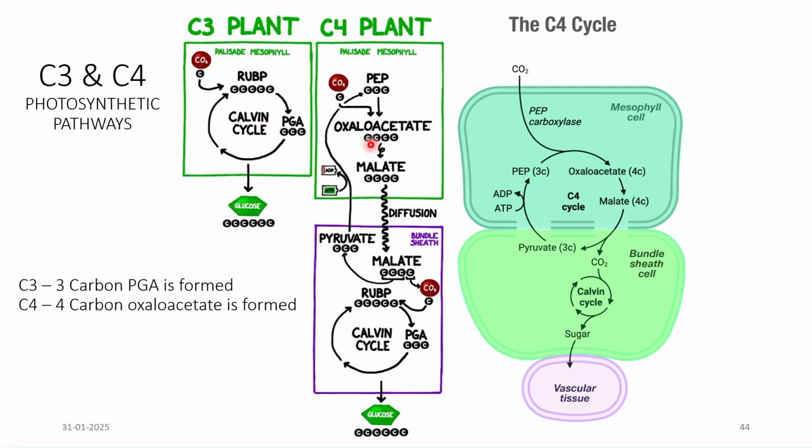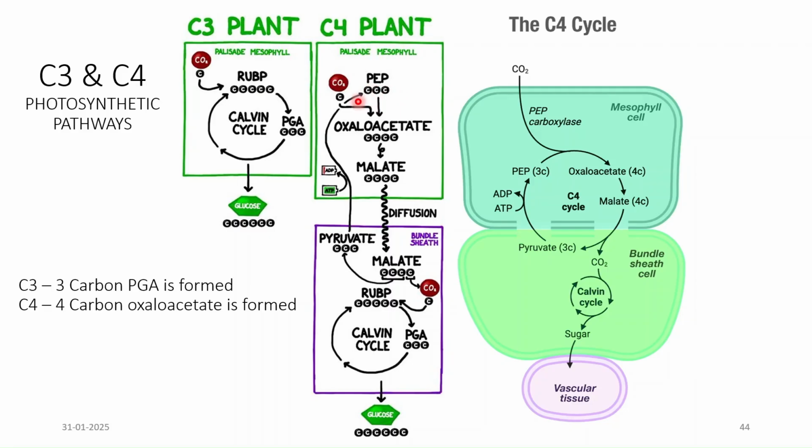This is not the Calvin cycle that is going on, but instead there is another molecule here in place of RuBP called PEP. This molecule, which is used in place of RuBP, is a 3-carbon molecule.